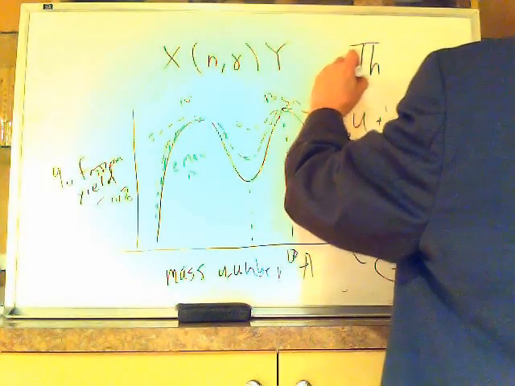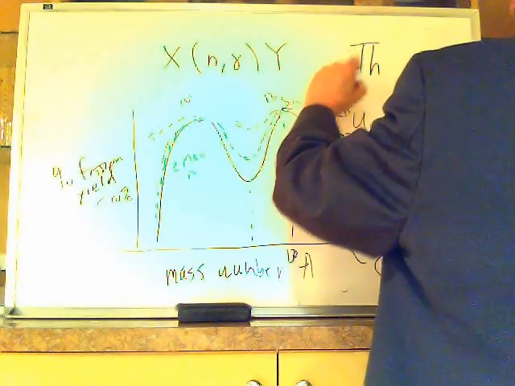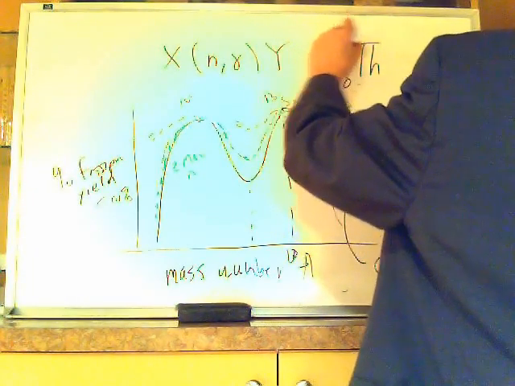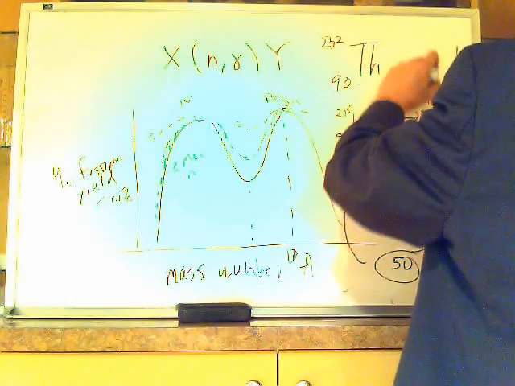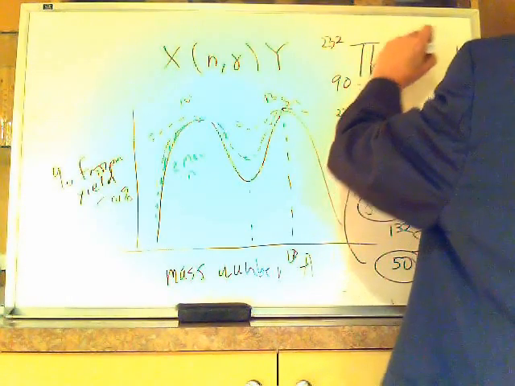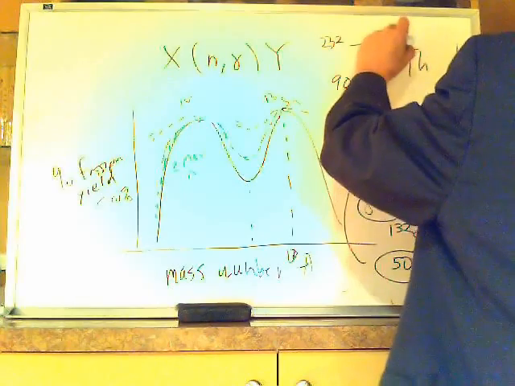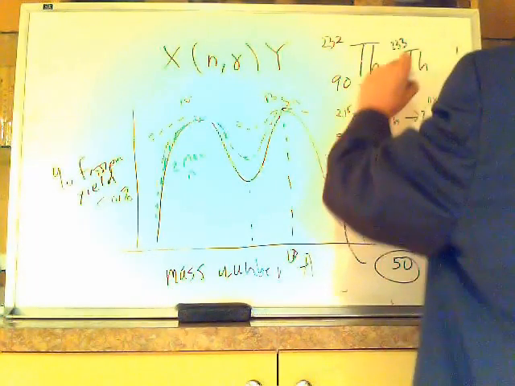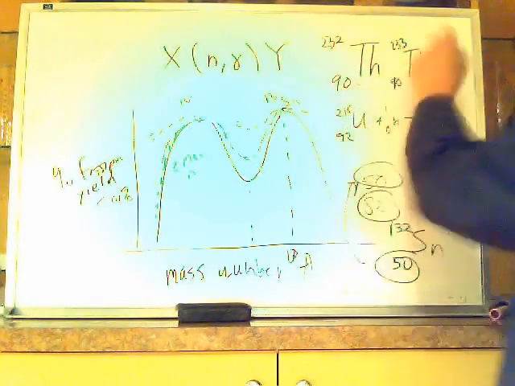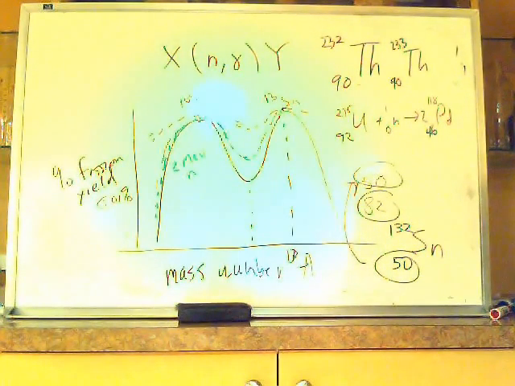It's going to go to 90-232, so it's going to go to 90-233. And then what will happen is it will undergo 2 sets of beta decay.